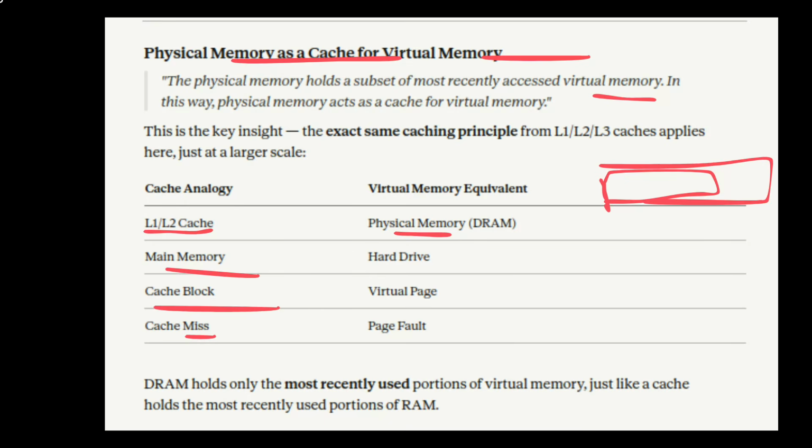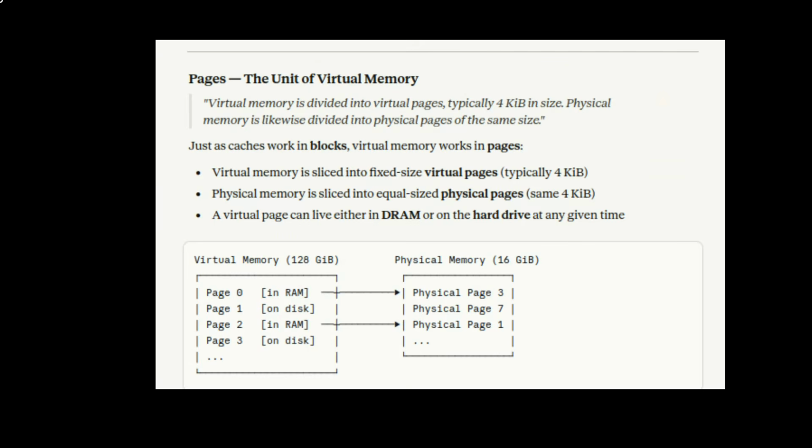The terms we use in cache, we are using in virtual memory. That is what we are understanding here, and we will talk about pages and page faults in detail later. So pages are the unit of virtual memory.